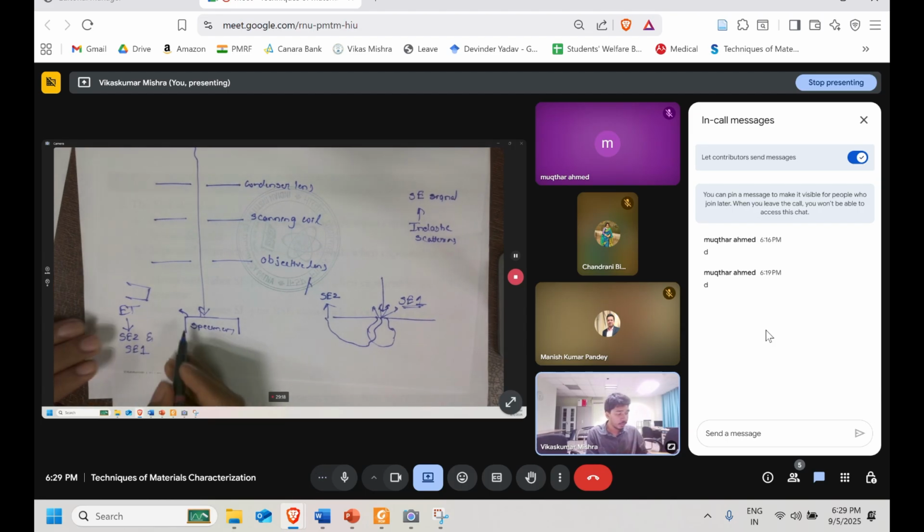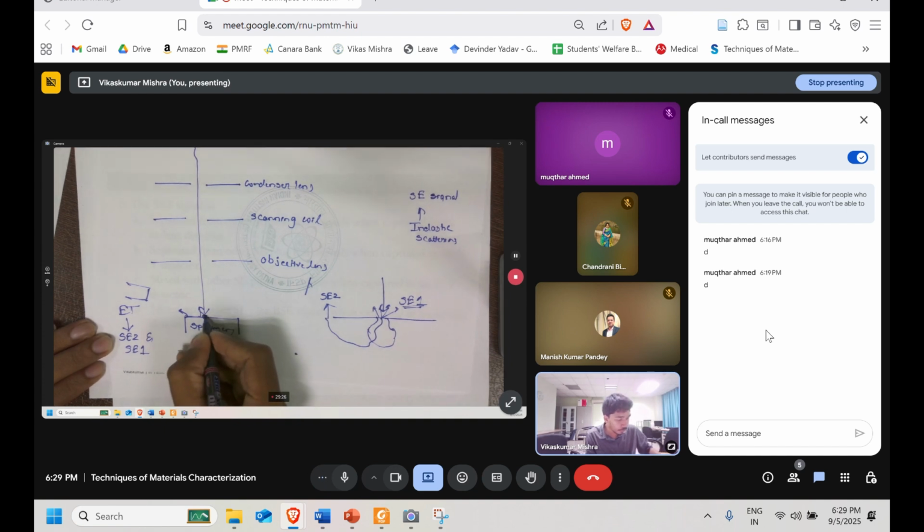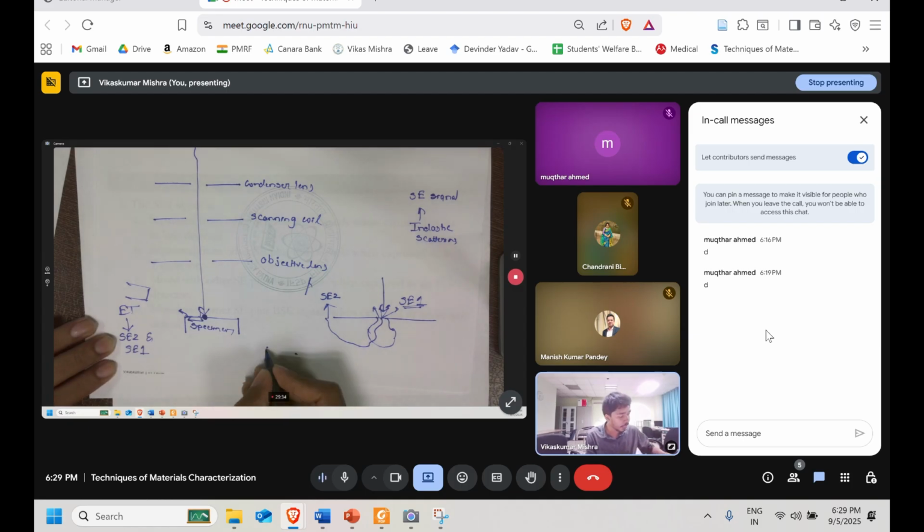Now we know that since we are getting signal from a little bit far also, even though I focus my electron beam on a small region, I am still getting the signal from quite a large region. What does it mean? It means that the resolution has decreased.